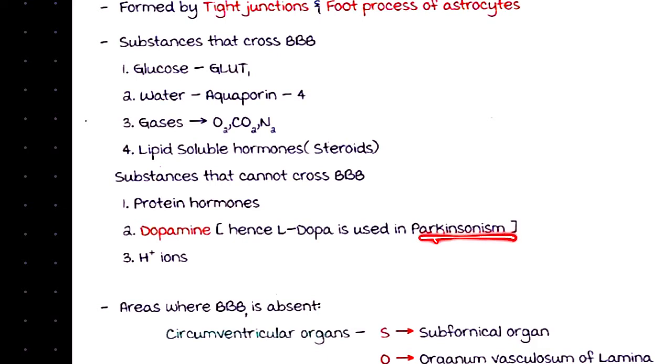So for treatment of Parkinsonism, we provide L-dopa, because dopamine will not cross the blood-brain barrier. So we treat it with L-dopa. And H plus ions will also cross the blood-brain barrier.